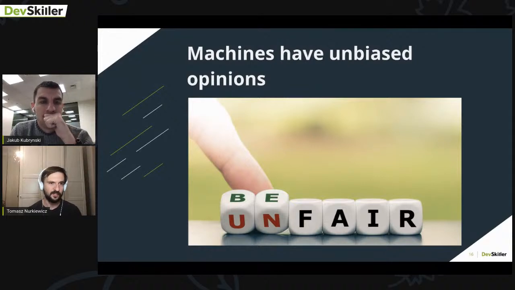On the other hand, if you have a machine that gave you a very precise, very detailed overview of a candidate, like we're using some verification tests, some automated assessment, whatever you choose, in this case at least you know exactly how one candidate stacks up compared to other candidates. And this is one of the greatest features of having a machine that's doing the beginning of the process.